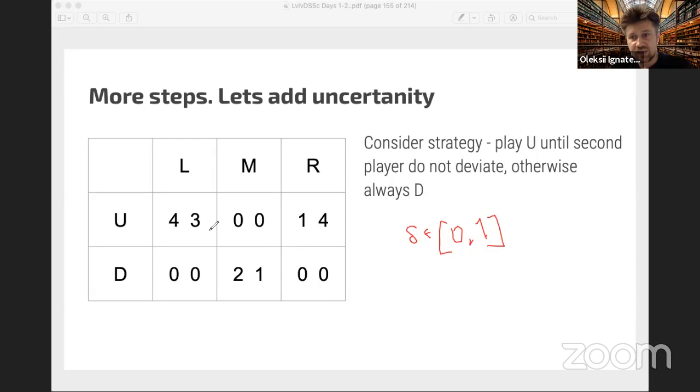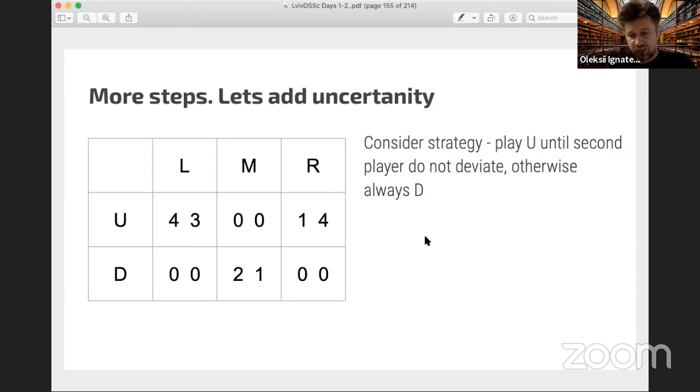You can consider the strategy of both players: play UL if nobody deviates. If someone deviates, we will change to DM here. And this idea, that we will not play the equilibrium of each separate stage game, but if someone deviates, we will punish him, happens to be an equilibrium in the bigger multi-step repeated game.